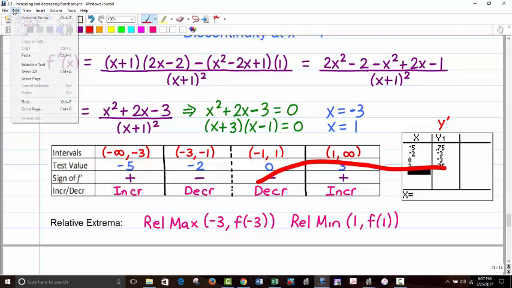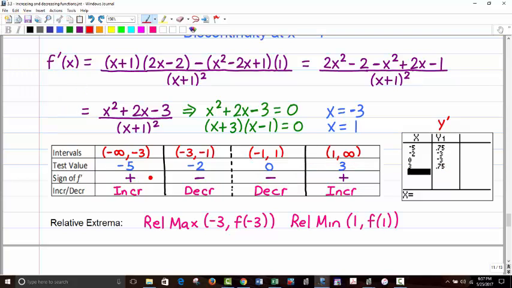So our sign chart goes plus, minus, minus, plus. So we have increase, decrease, decrease, increase. So we go increase to decrease at that first critical number, -3. Therefore, that will be a relative max.